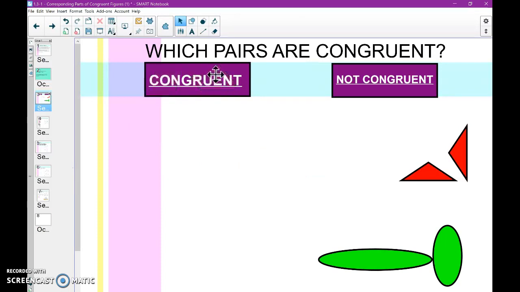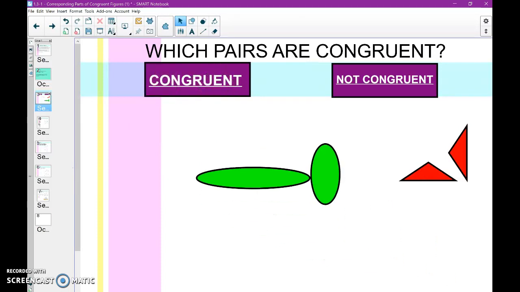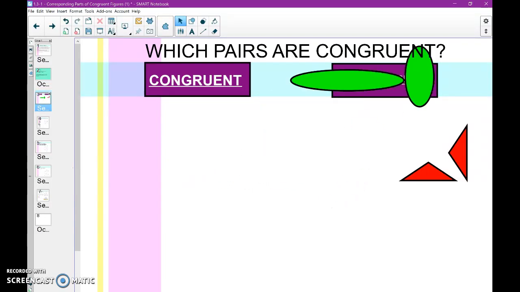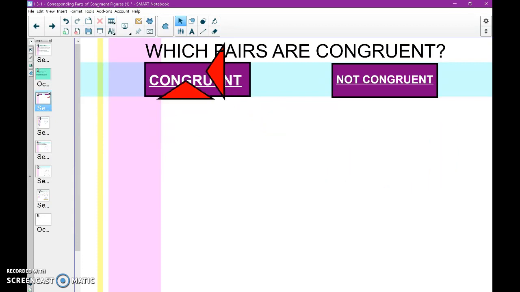If we look at our green ovals, we have one that's really stretched out and one that's short and stout. They're both ovals, but definitely different sizes, so they are not congruent. And then again, we've got two triangles. One's rotated or reflected, if you want to call it that. Either way, they are congruent because they're the same shape and size, just facing different ways.